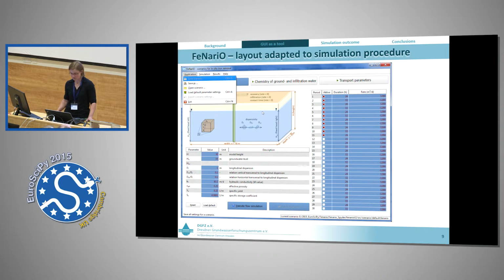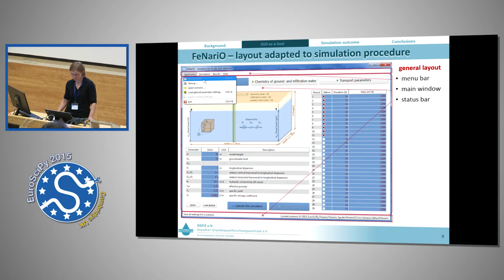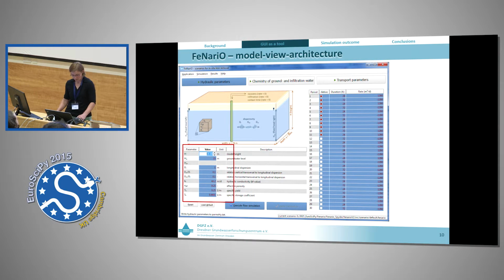So with PyQt or PySide, you can make application surfaces, graphical user interfaces, as we are used to from high-end applications. So there's a special concept when you define your data.